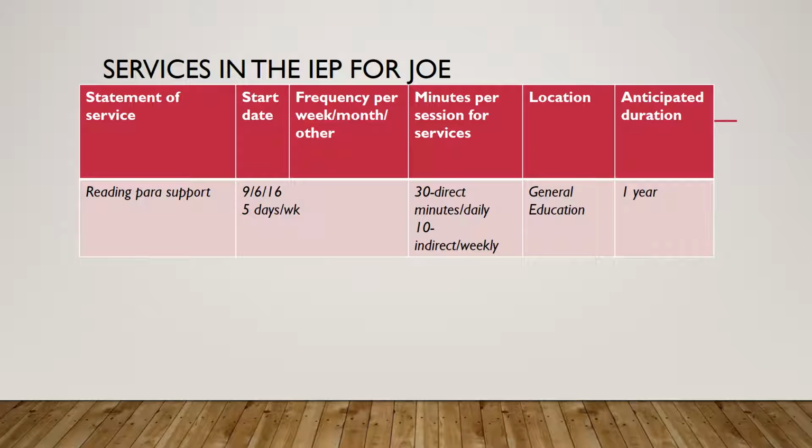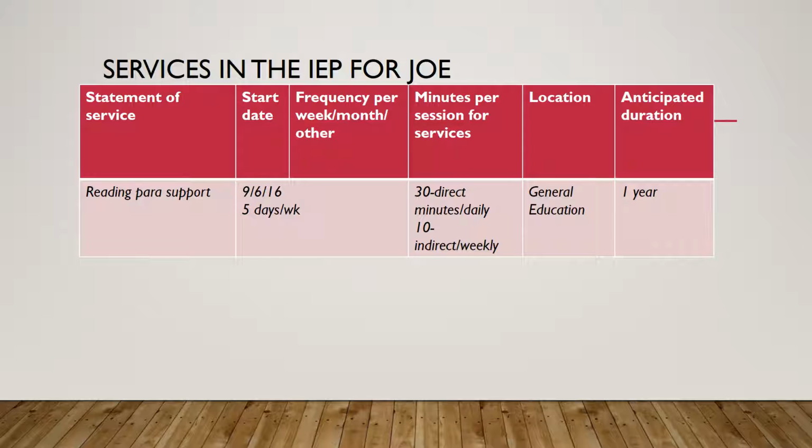Each day, the para will support him 30 minutes directly, and we're going to also provide 10 minutes of indirect service, which means the case manager will talk to the general ed teacher or even the para 10 minutes a week. The location is general education. The anticipated duration is 1 year.